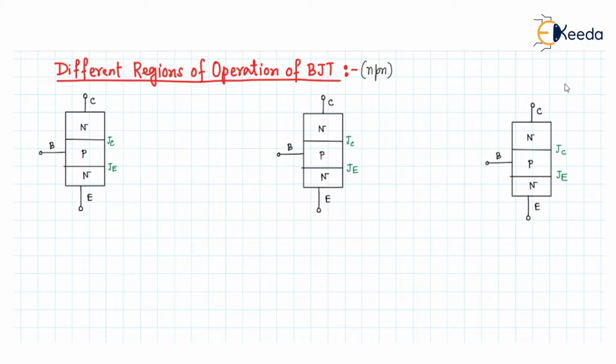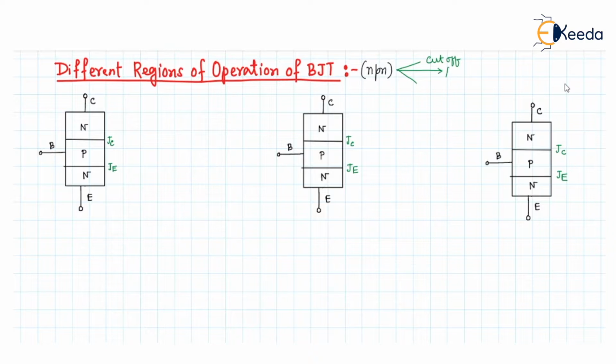For making the transistor operate in different regions, a BJT can operate in three different regions. The first is the cutoff region of operation.